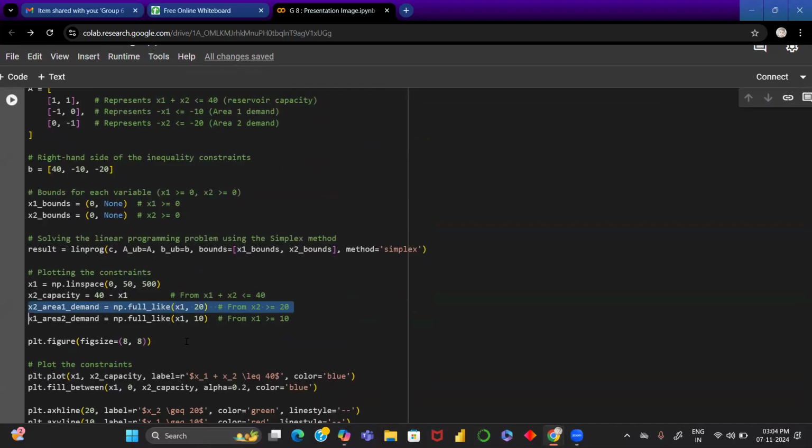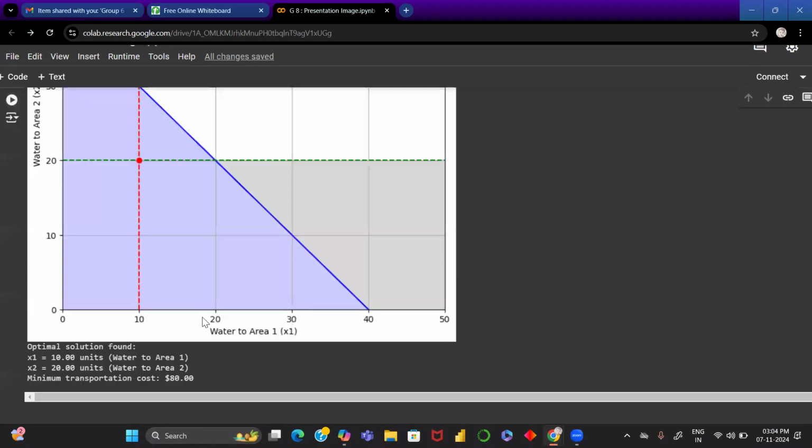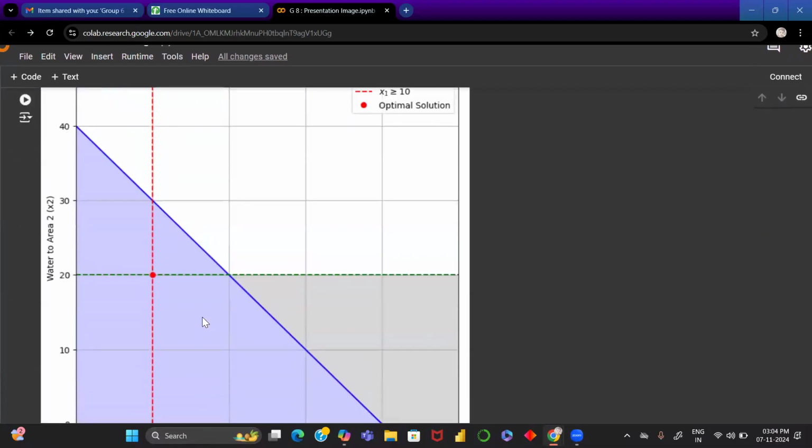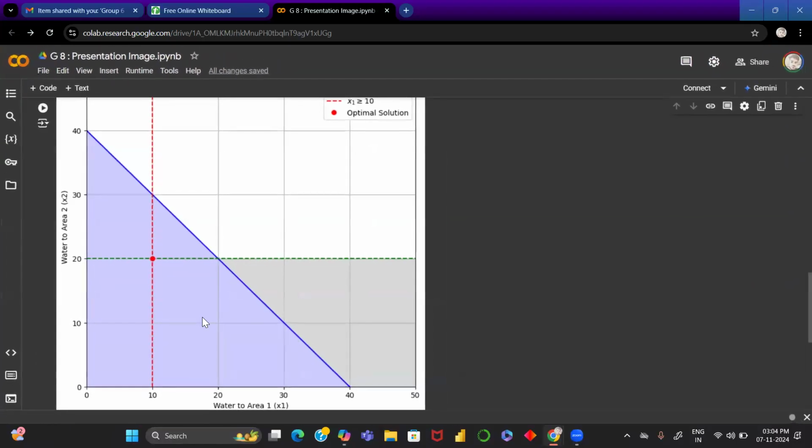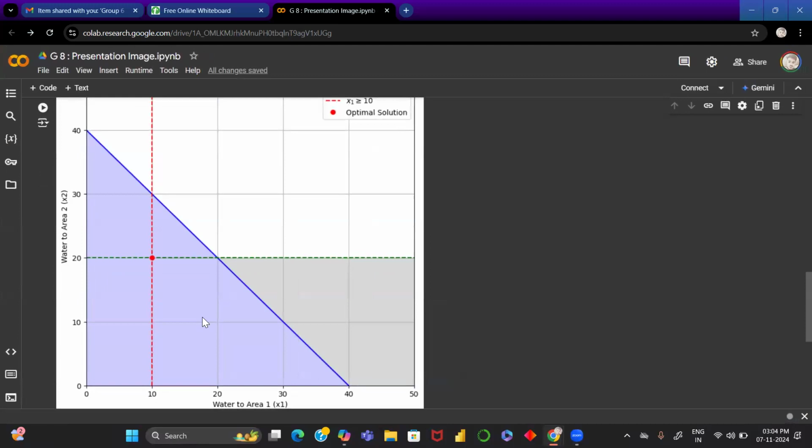It represents a function x2 less than or equal to 20. It is used to plot that constraint, to plot that function as a graph. In between, we'll shade that region.